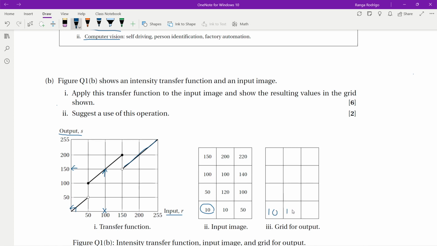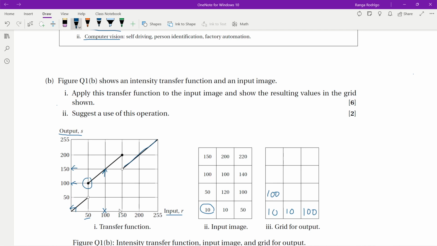If you take 50, you can see the darkened dot is over there. So the output value is 100.